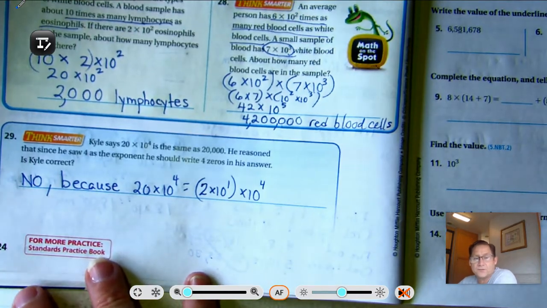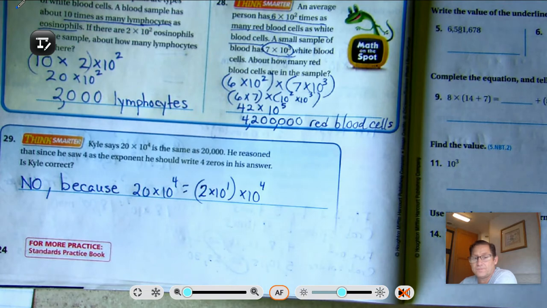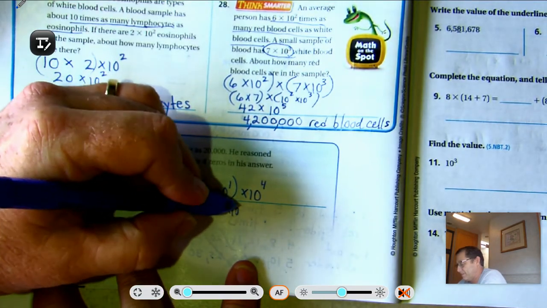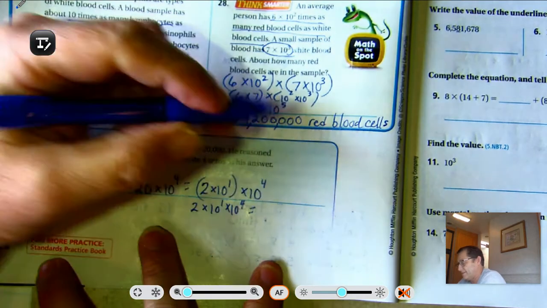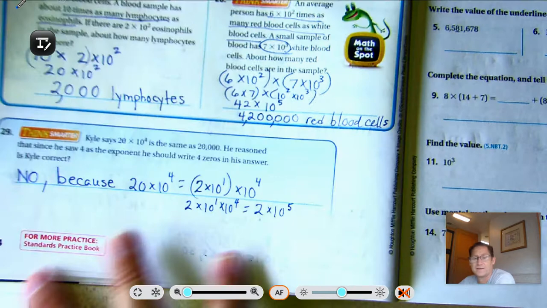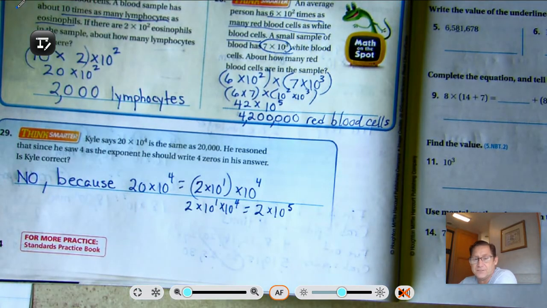So 20 equals 2 times 10 to the first power. Well, if we regroup that, that would be 2 times 10 to the fifth. So there should have been 5 zeros.